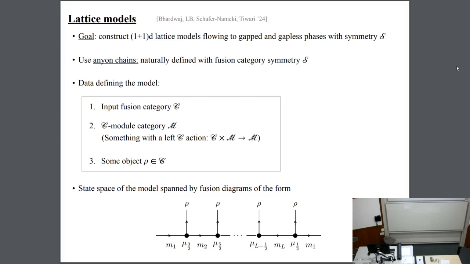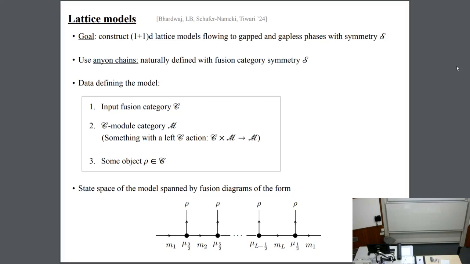And then what is known as a C module category M. If you don't know what a module category is, it's not important, but the important thing is that M has a left C action. So I can define this product C times M into M, which means that I can end lines coming from C on lines in M, some object in this input fusion category.